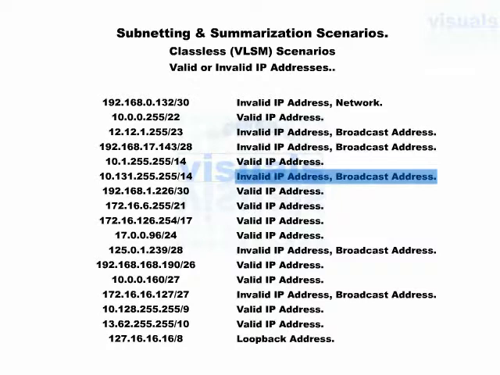So let's analyze why it is an invalid IP address. Now again, the example is of /14. So we are getting the subnet mask: 9 bits gives 128, 10 bits gives 192, 11 gives 224, 12 gives 240, 13 gives 248.